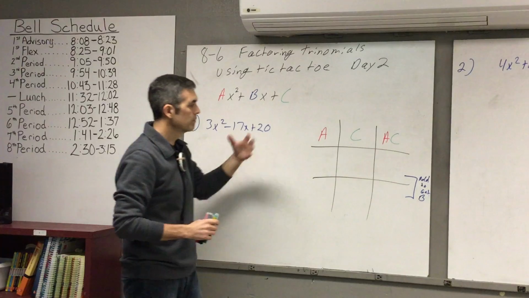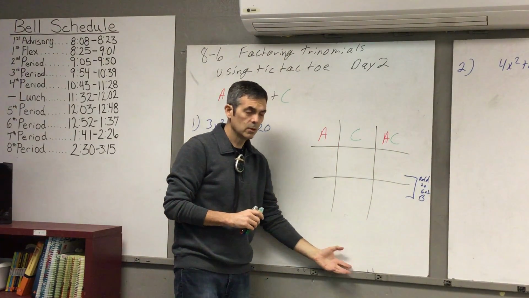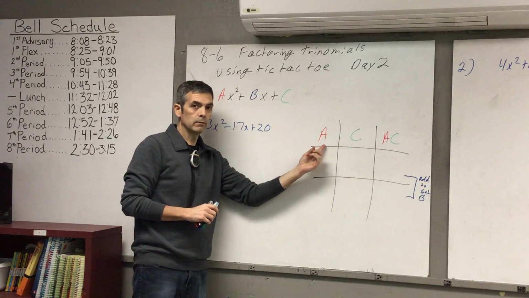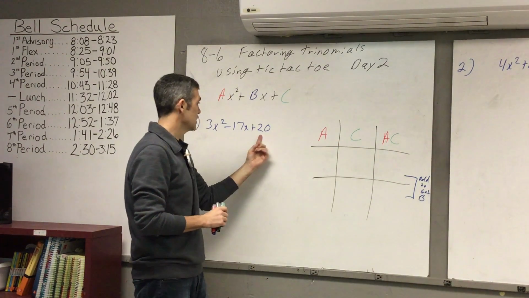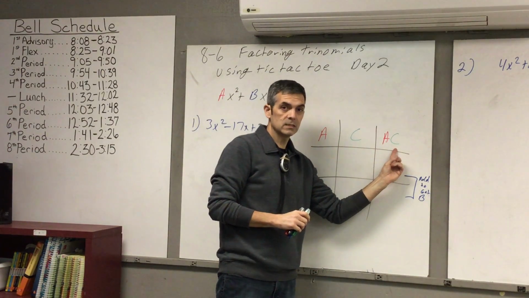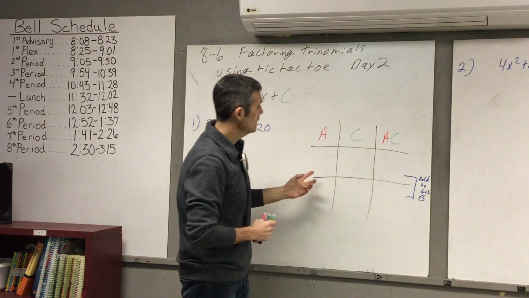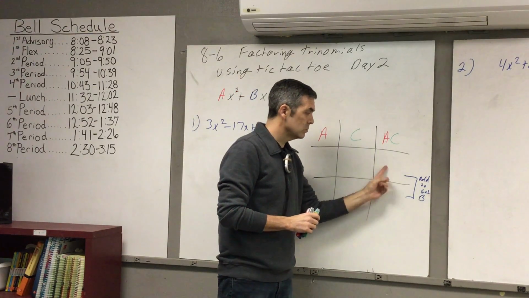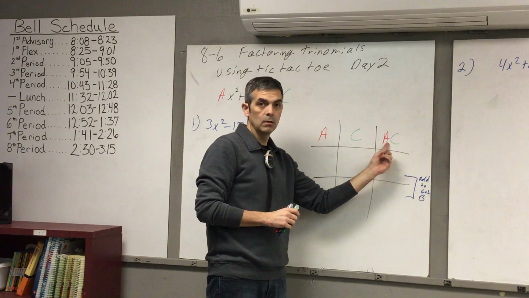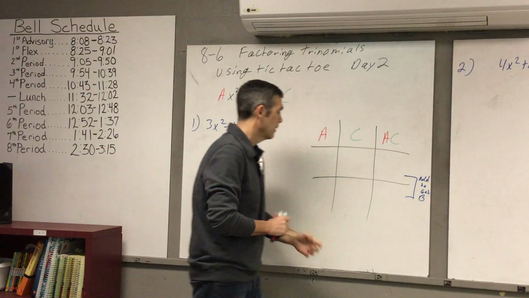So remember, when you're using the tic-tac-toe method, A goes here, so this 3 is going to go right here. C goes here, so the 20 is going to go right here. Then you're going to multiply them together to get this number, okay? Then you're going to add these two numbers to get your B, and they're going to have to multiply to get the number over here, all right?